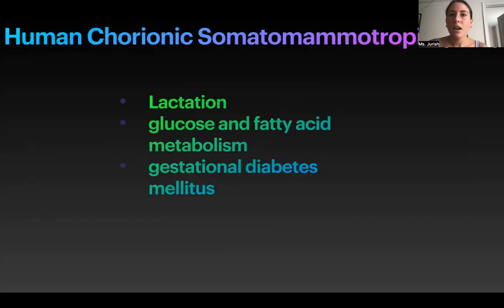All right, the next hormone we're going to talk about is human chorionic somatomammotropin, which we're going to call HCS. This is another peptide hormone. It is produced by the placenta, and it also has another name, human placental lactogen. This hormone is structurally related to growth hormone and prolactin.